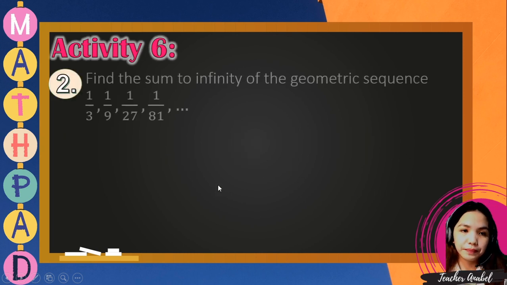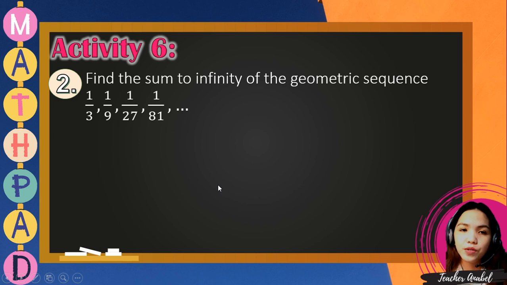How about this one? Find the sum to infinity of the geometric sequence 1/3, 1 over 9, 1 over 27, 1 over 81. Let us identify first the common ratio. 1 over 9 divided by 1/3 gives us 1/3. So, 1/3 is less than 1. Therefore, we can use the formula, and then we substitute. The first term is 1/3 divided by 1 minus r, which is 1/3.